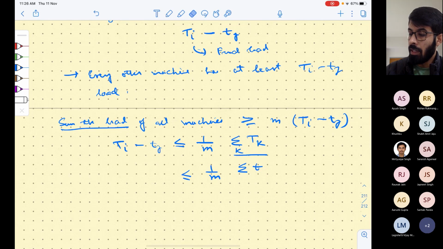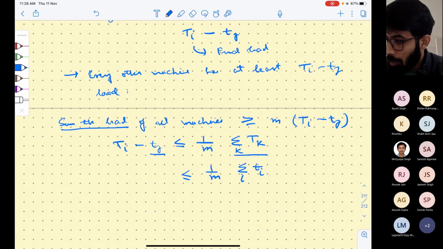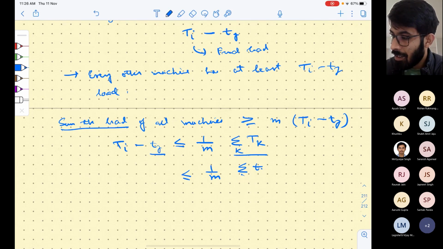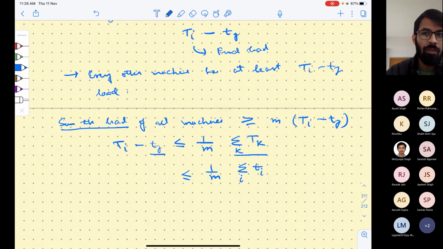Let's use some other variable, since j and i are already being used here. It's okay, this is just a bound, so let's call it i. Is this clear, or if there is any question, please ask.